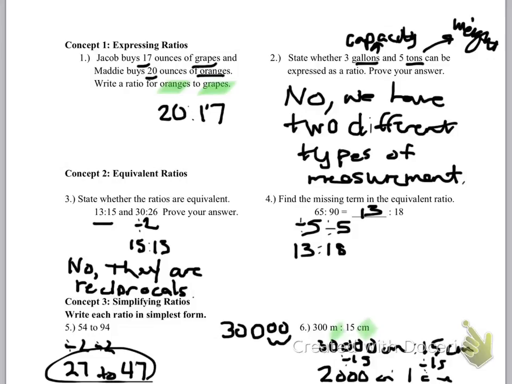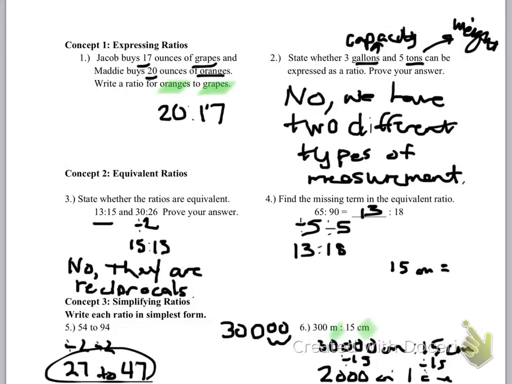Okay, now if you're a person who said, well, Mrs. Dunn, I didn't move it that way, I moved it the other way, I want to show you what that would look like. So I'm going to do that one just right above. Number 6, if you wanted, you could change centimeters to meters. So if I did that, I have 15 centimeters.